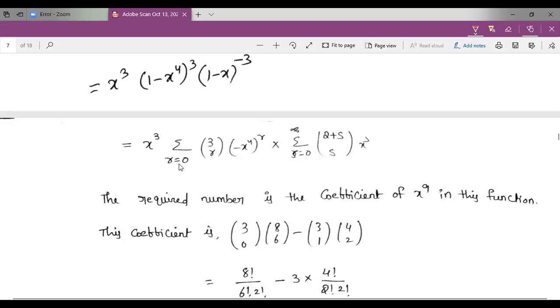So for given values, this coefficient is, in first case here it is already x cube and here x cube. So for given values of r, we get r is equal to 0. So r is equal to 0 becomes 3C0, which gives 1.